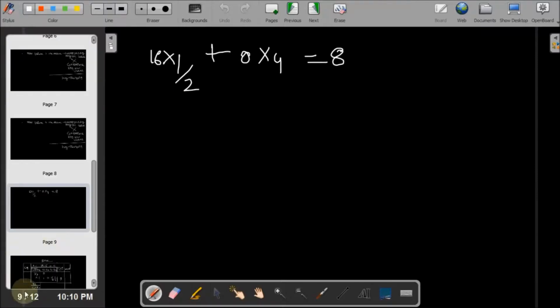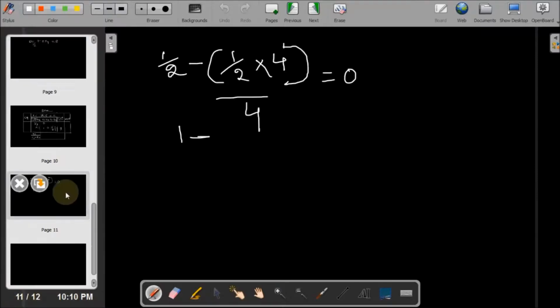So 1 minus 1 by 2, that remains the same.